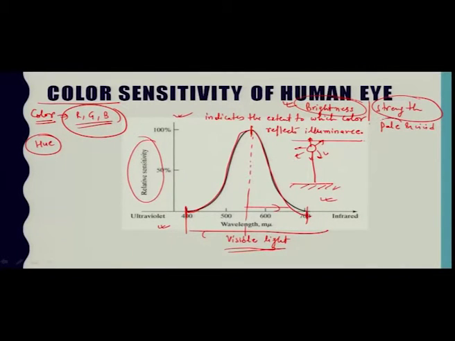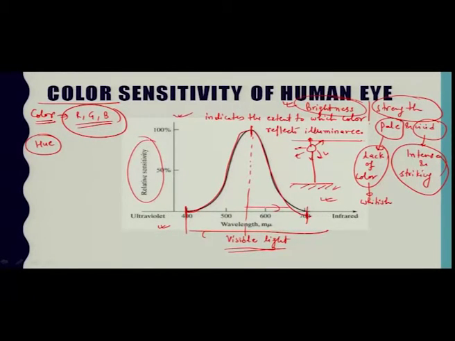So the question that will come to your mind is: what is pale and what is vivid? Pale means lack of color, and vivid means intense and striking. I hope you have understood pale and vivid. Pale means the weakest wavelength of light, lacking color, which can be a whitish color or pale yellow.